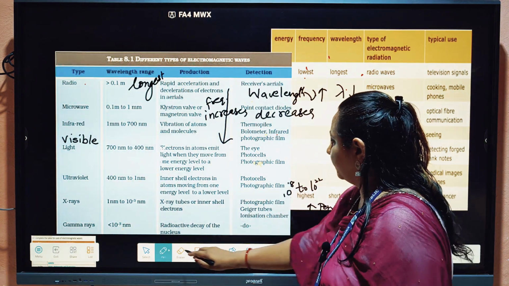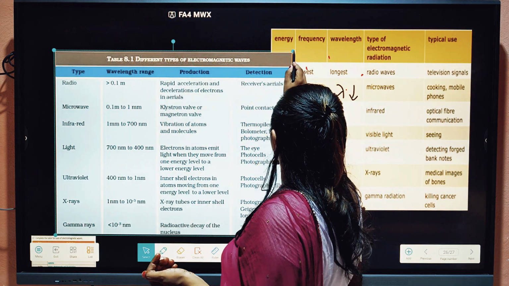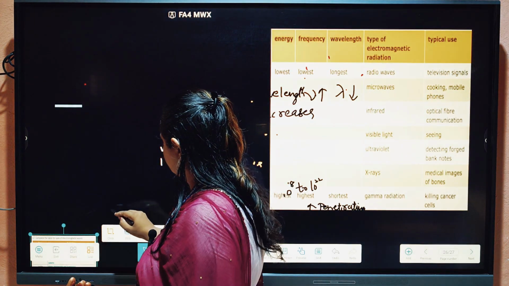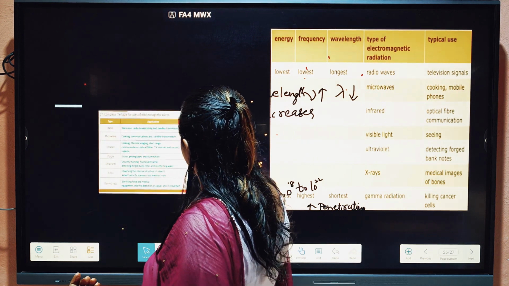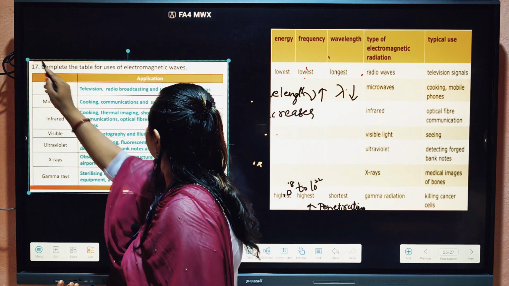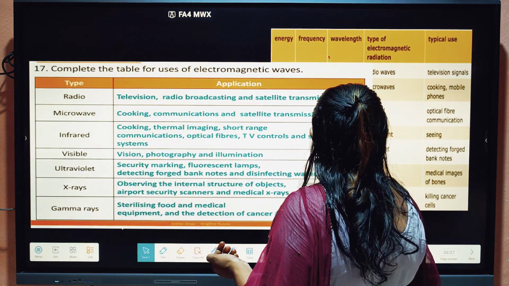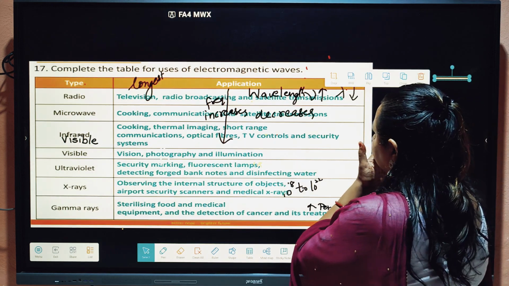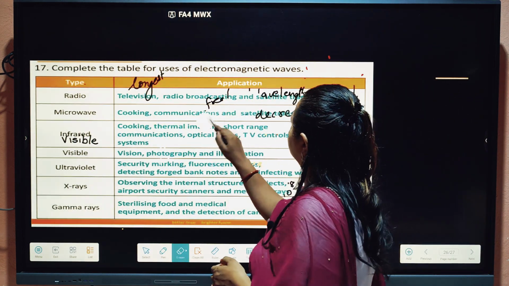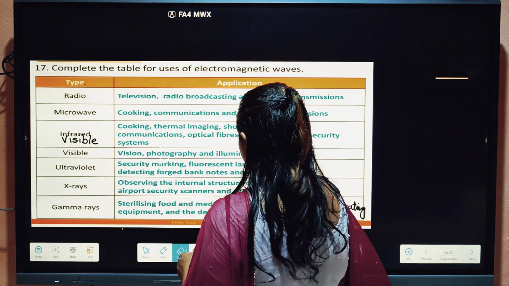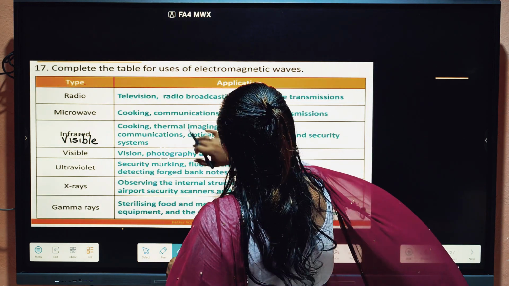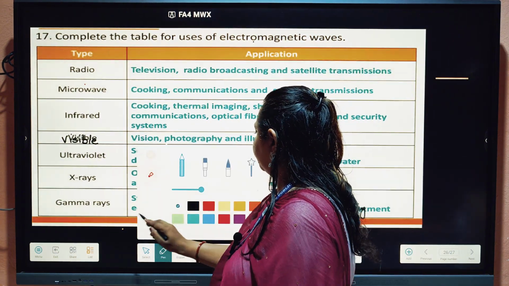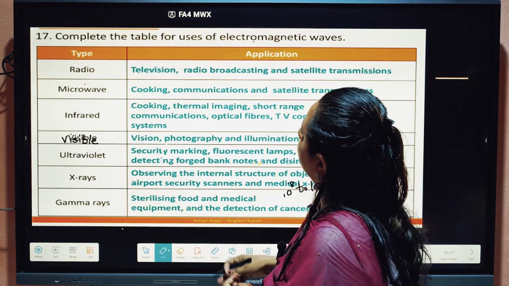And what are the uses of these? If we talk about their uses, then yes, these are the uses.